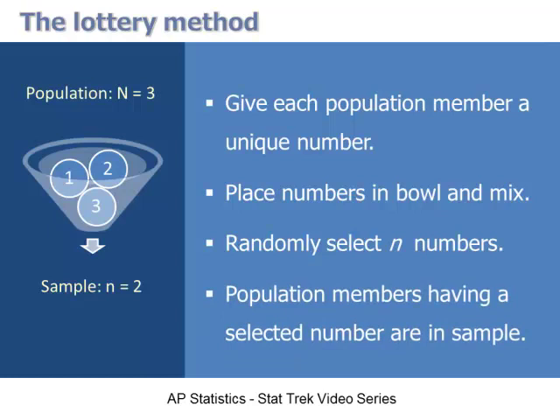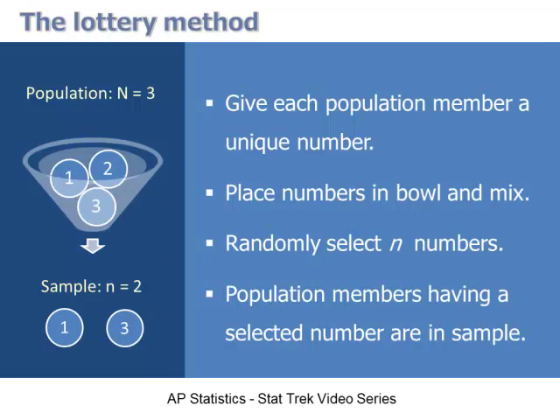Notice that the sample selected by this method is based entirely on chance. Every possible sample of size 2 is equally likely to be selected. A third of the time, the sample will include observations 1 and 2. A third of the time, it will include observations 1 and 3.